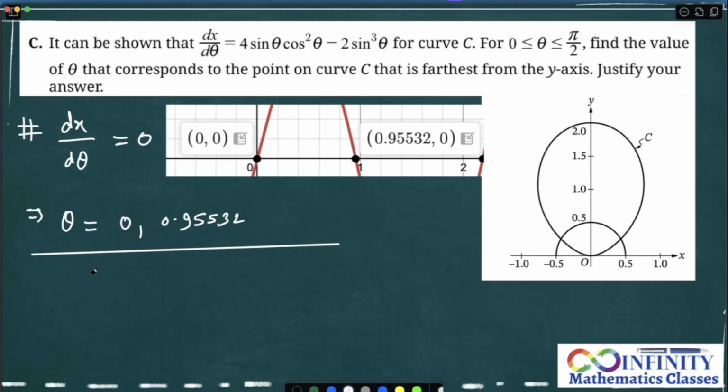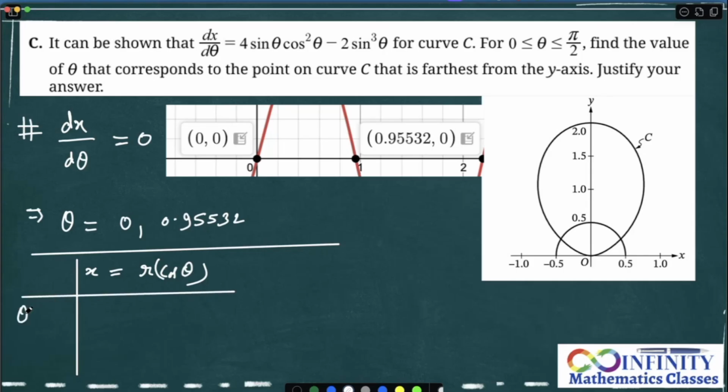There is a function x given, and for the value of theta, I will be trying to get the value of x there. What is x? x is going to be r cos theta. Am I right? This is your x. I will be testing the value of x for different values of theta in the interval.